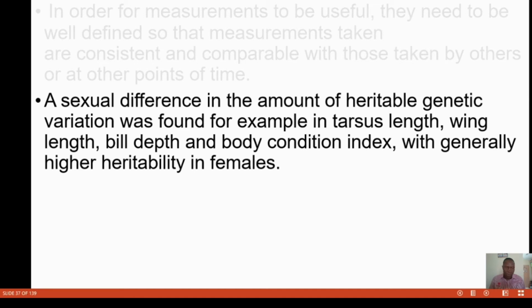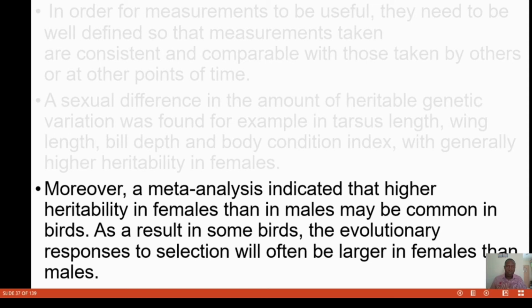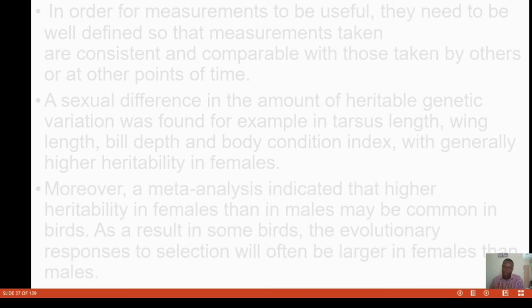That's the usefulness of the scaling coefficient. And then the meta-analysis further indicated that heritability may be commonly higher in females than in males. So as a result, in some birds, the evolutionary responses to selection will often be larger in females than in males.